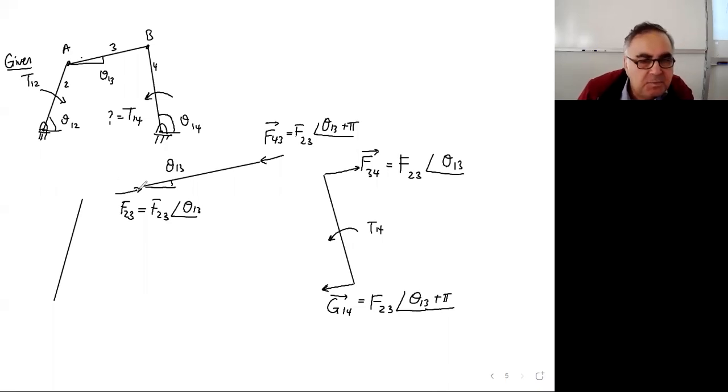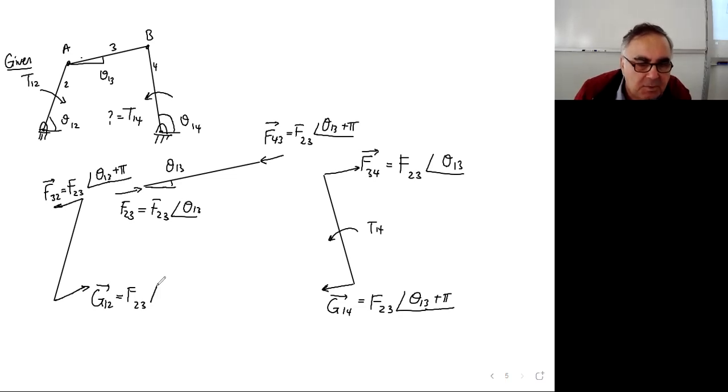Okay, now F23 is in this direction. So F32, no, 32. F23 again, with an angle of theta 13 plus pi. And we will have G12 is equal to F23 with an angle of theta 13.